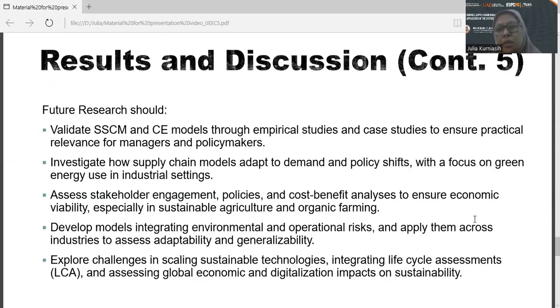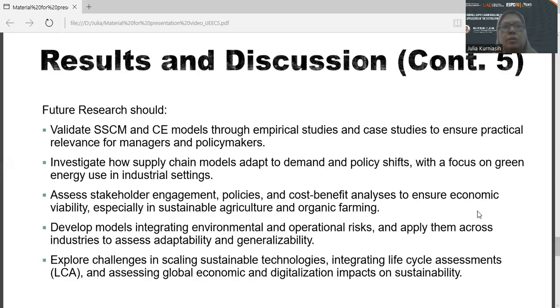Okay, after reviewing the related themes about the context of the study, I can get insight for the future direction of sustainable supply chain modeling.